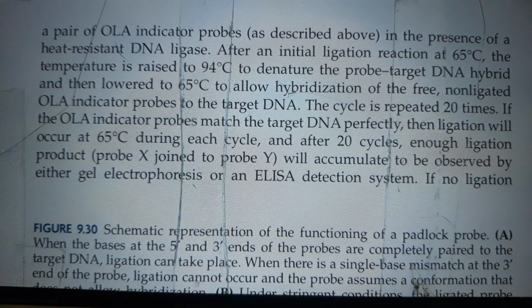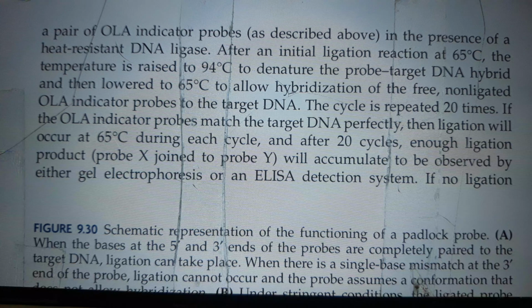After an initial ligation reaction at 65 degrees centigrade, the temperature is raised to 94 degrees centigrade to denature the probe-target DNA hybrid, and then lowered to 65 degrees centigrade to allow hybridization of the free, non-ligated OLA indicator probes to the target DNA. The cycle is repeated 20 times.